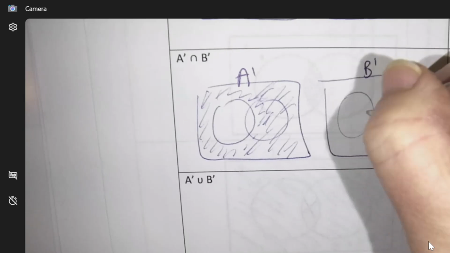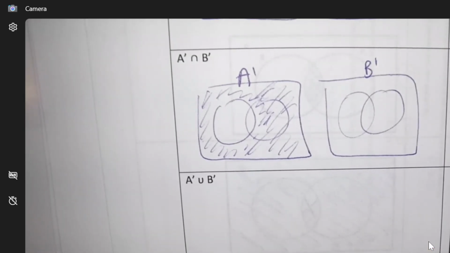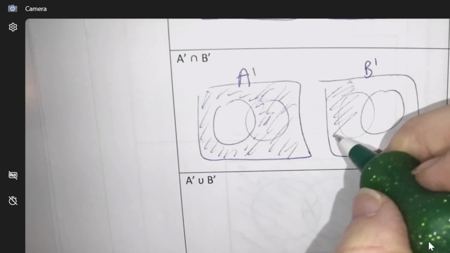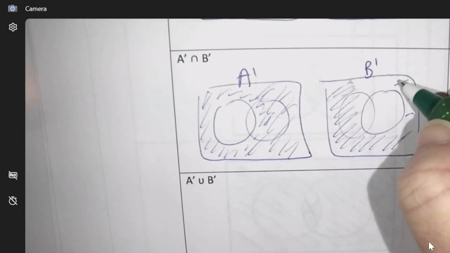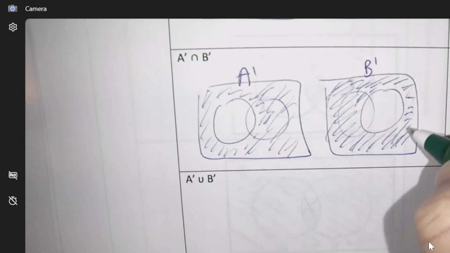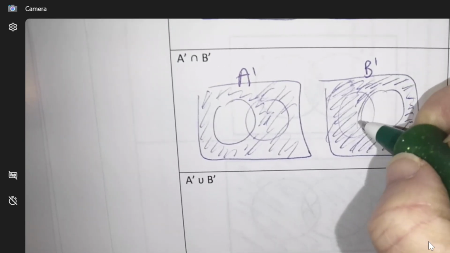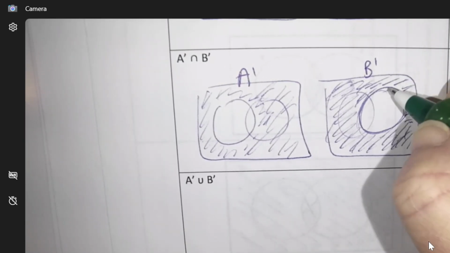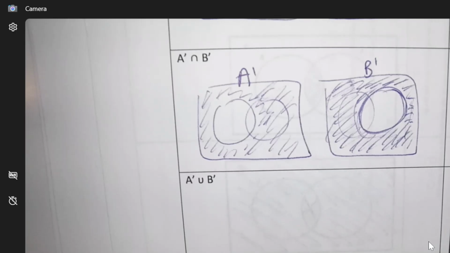What would your diagram look like if you had a not B? So B outside of B.